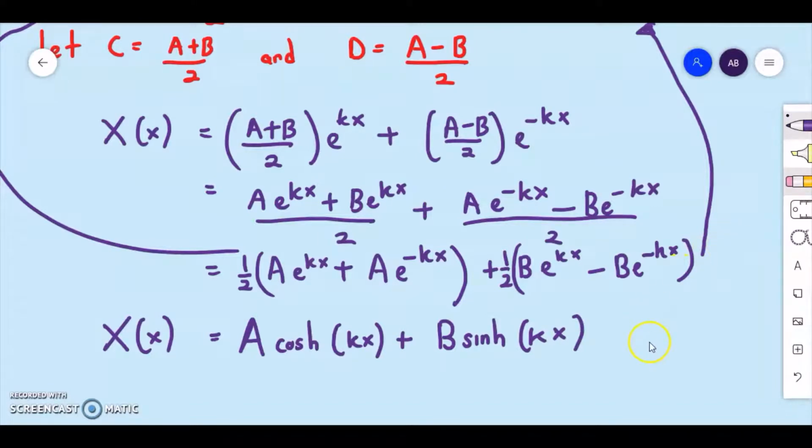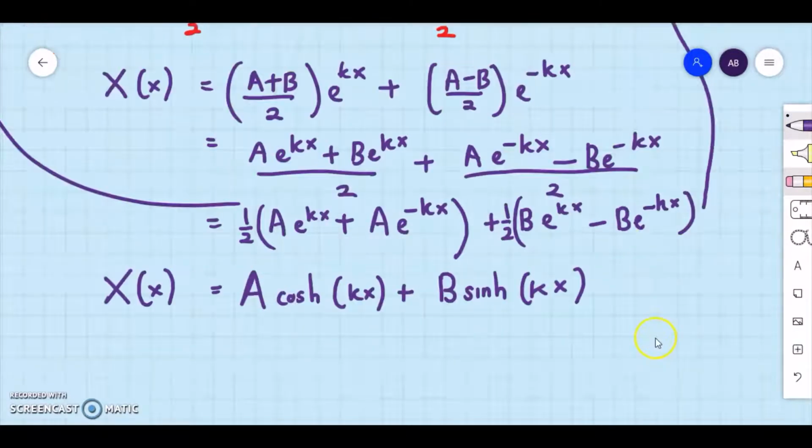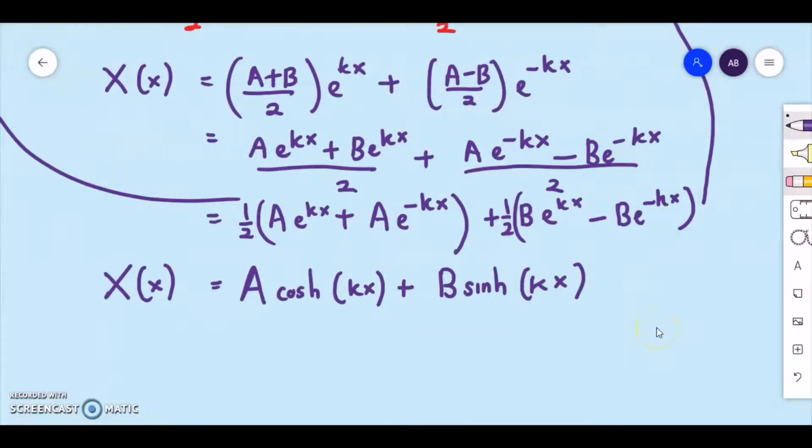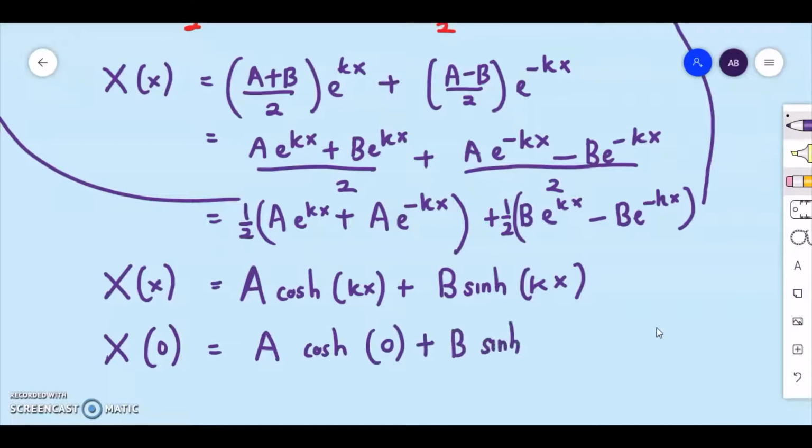It is much easier to understand the solution when you apply the boundary condition. The first boundary condition, when x is 0: A cosh 0 plus B sinh 0 equals 0. So what happened here? You can see that A must be equal to 0.